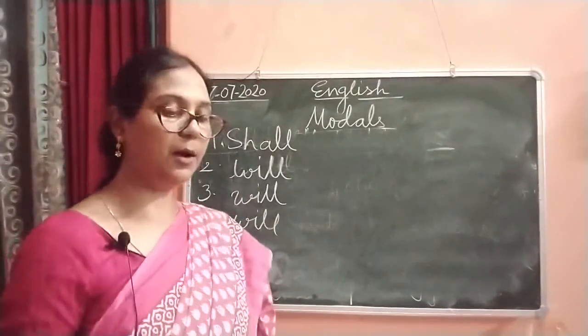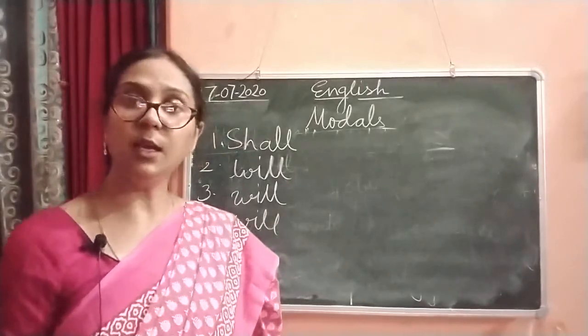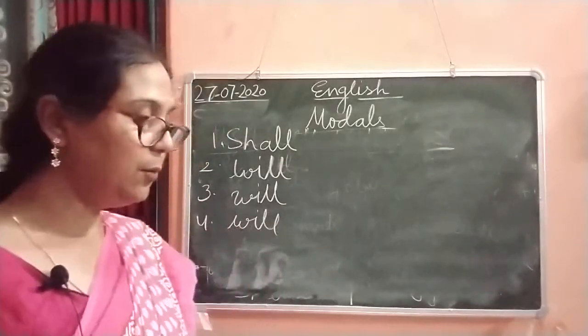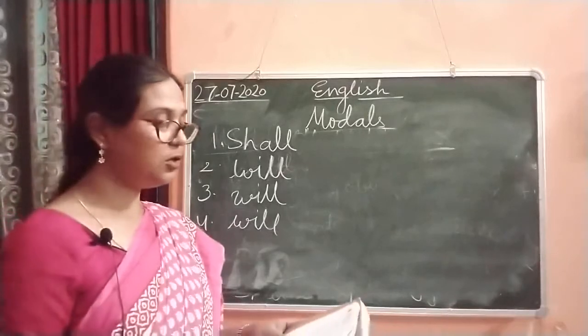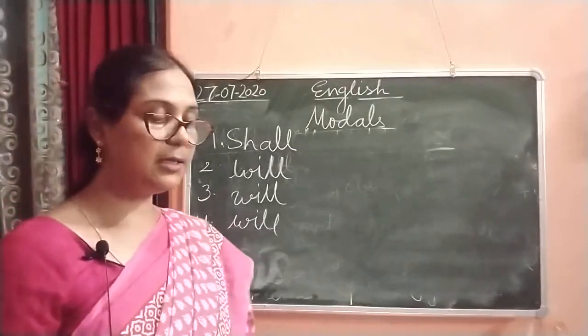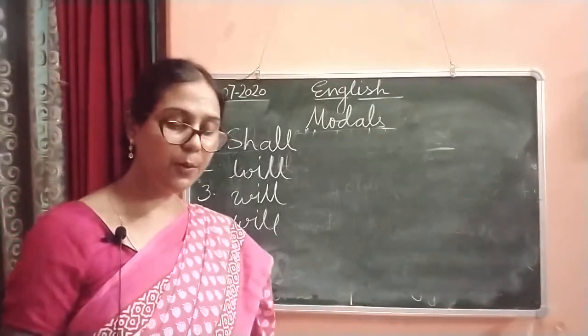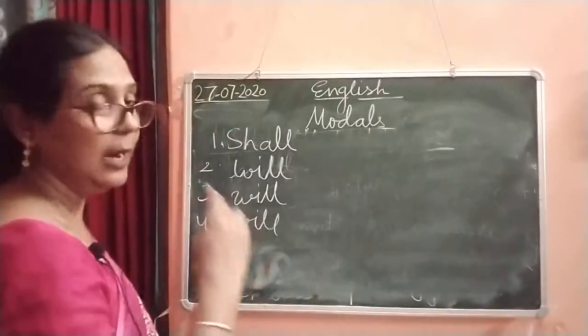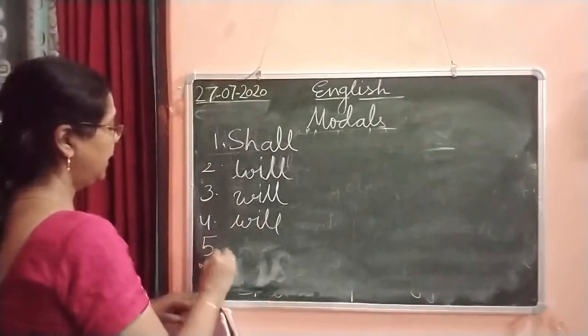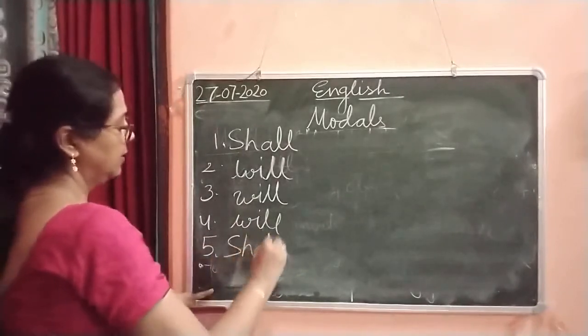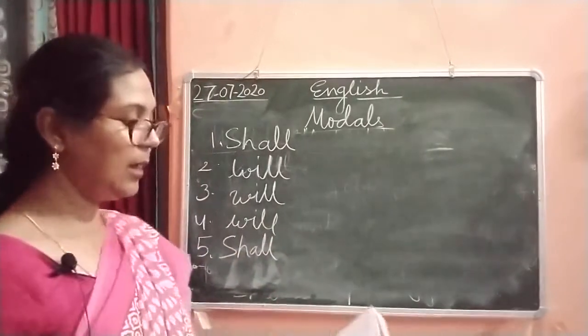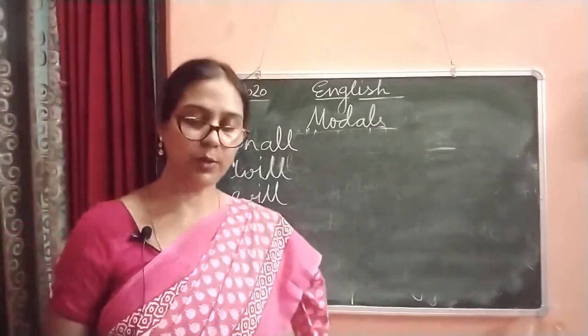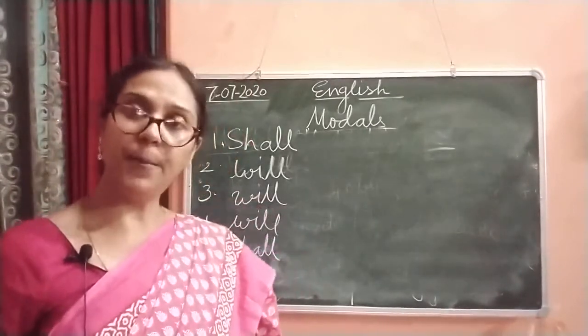He will become a great scientist when he grows up. Now we are moving to fifth. Fifth: dash I ask the police to help you find your purse. So shall I. Fifth is shall I. Shall I ask the police to help you find your purse.